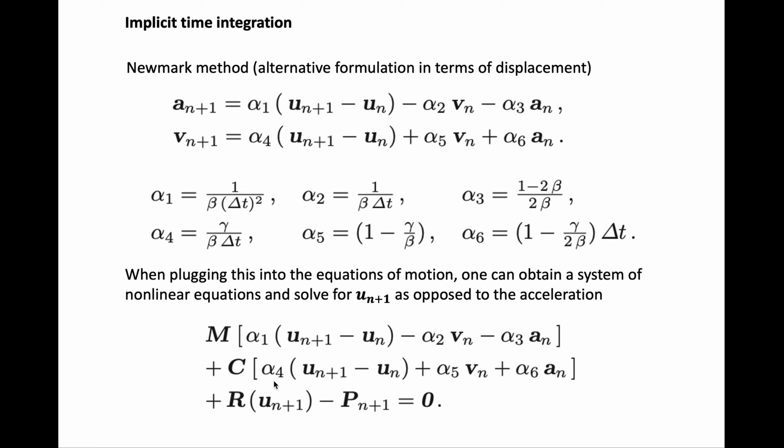So you have to solve this system of equations for un plus 1. Again, you do that with Newton-Raphson. So for every time step you need to solve a system of equations with Newton-Raphson. So you get two loops, a time loop and then a Newton-Raphson loop inside.